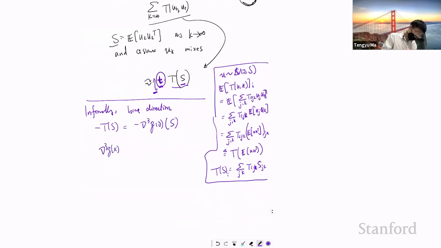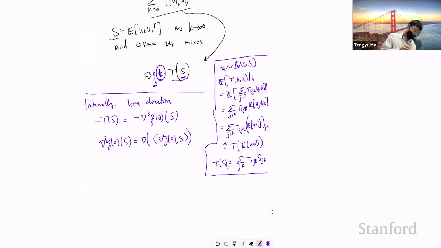If you think about what this is, this is the gradient of the inner product of the Hessian with S. So this is the equation. And in some sense, this is a heuristic argument, and actually it's not even 100% correct.